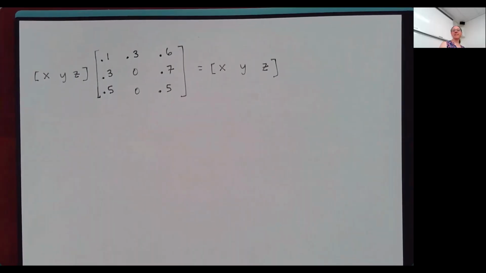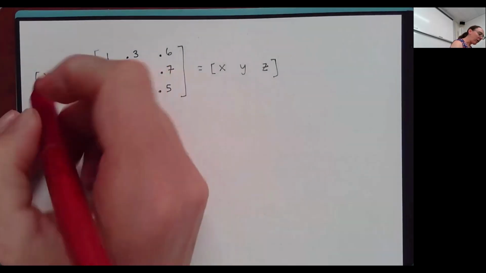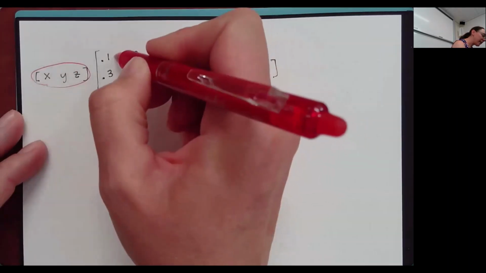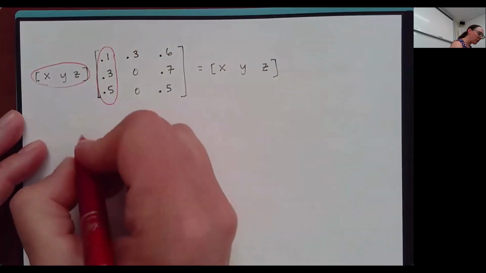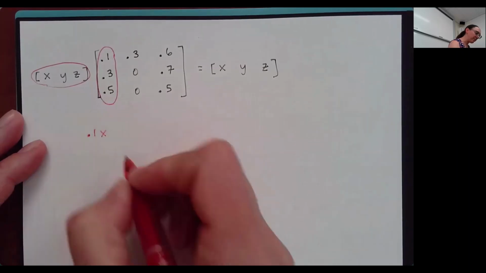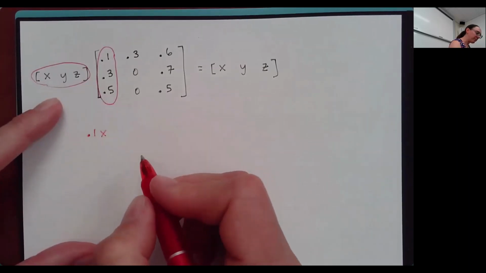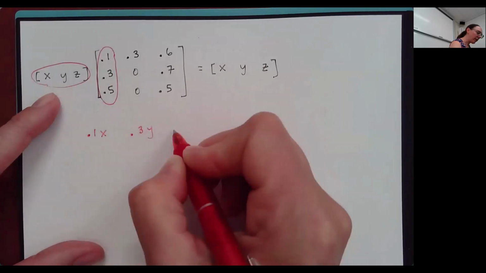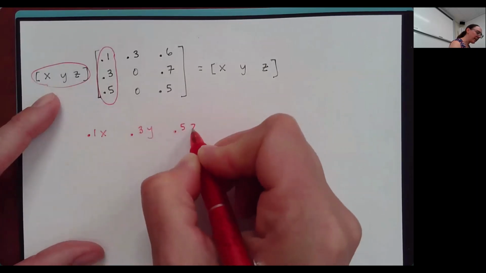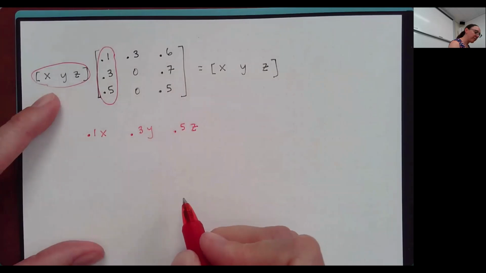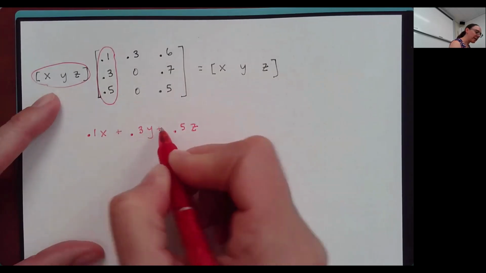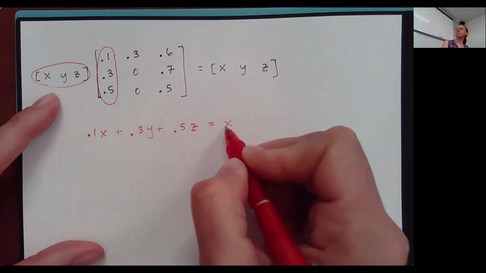So if I'm looking for the steady state distribution, I'm going to write out these equations. I've got x, y, z times that first row, so 0.1x plus 0.3y plus 0.5z is equal to x.